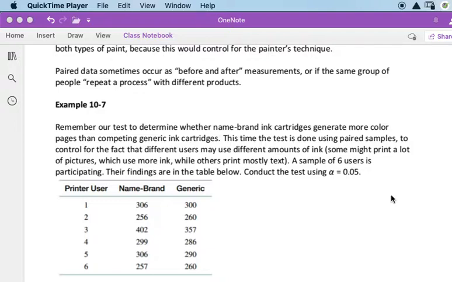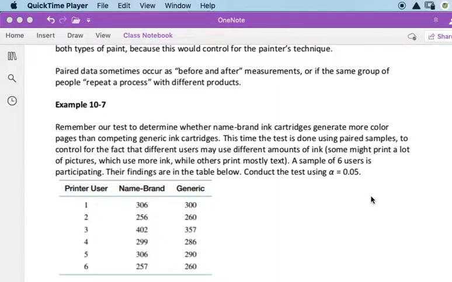Some people might print a lot of pictures, which is going to use up more ink than people who print mostly text. So this time they're going to take a sample of 6 users and have each user use the name brand cartridge and the generic cartridge. The results are in the table below. This is how many pages each person was able to print with each type of cartridge. We're going to conduct the test using alpha equals 0.05.